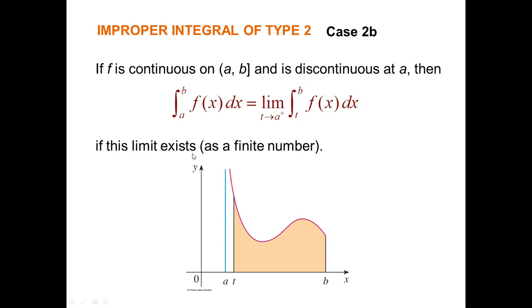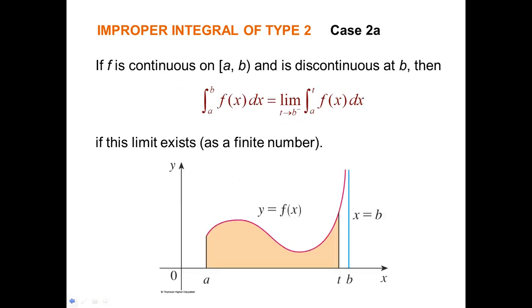So if this limit exists as a finite number, that limit is the area under the curve y equal to f of x, where the limit is from t to b, where t is approaching the value a from the right side of the Cartesian plane. So again, this one is case A, because we are approaching the value x equal to b from the left side, and b is the upper limit, a is the lower limit.